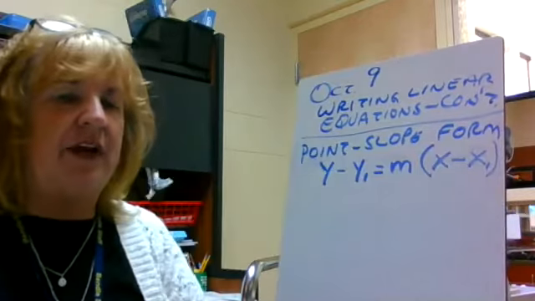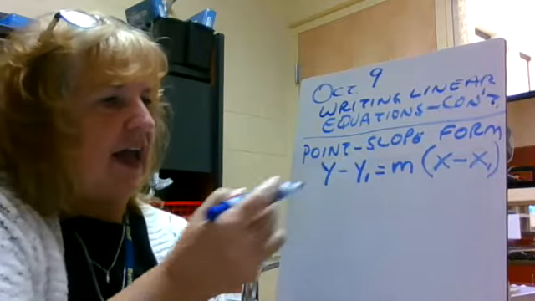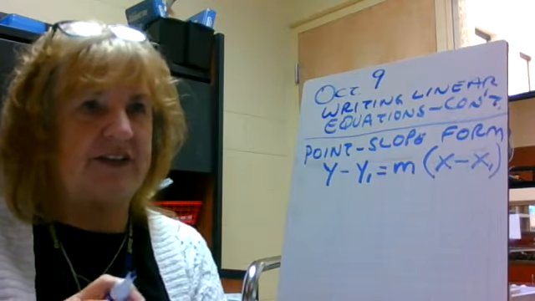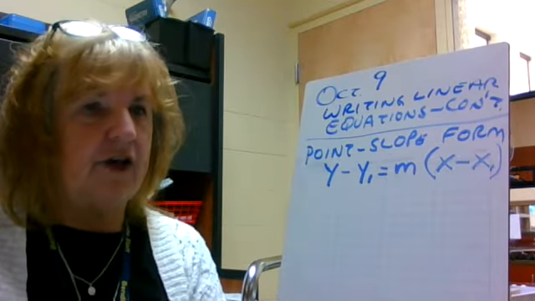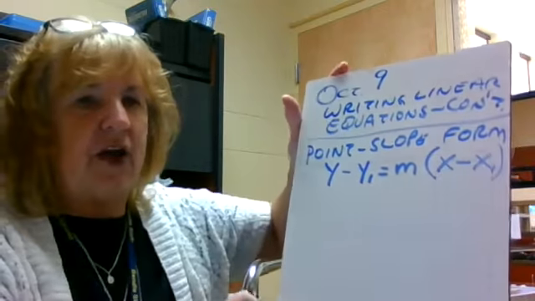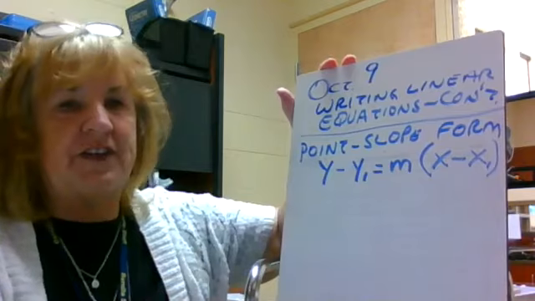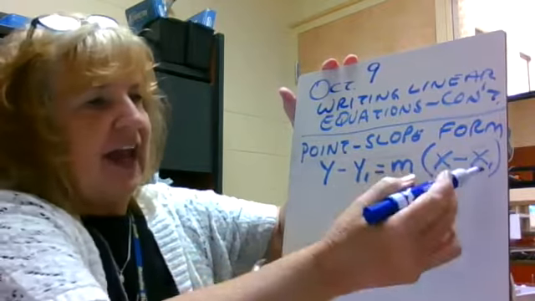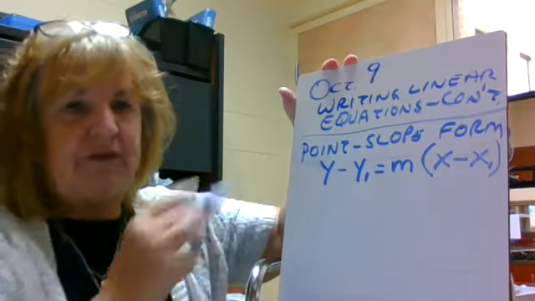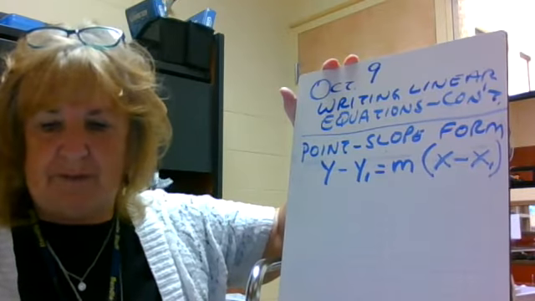And just like with slope intercept form, the x and the y are not only variables, but they represent points all along the line. So we leave them in the equation. We don't put anything in their place because they represent every point on the line. The m still represents the slope, and the x1 and the y1 represent this specific point that you were given at the beginning of the problem.